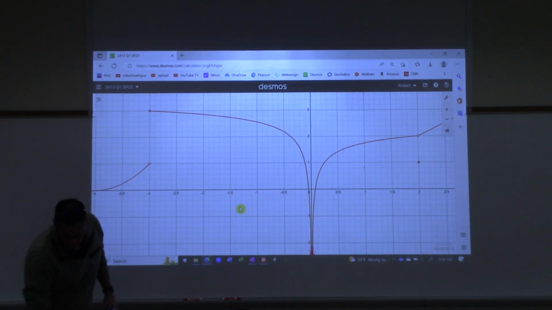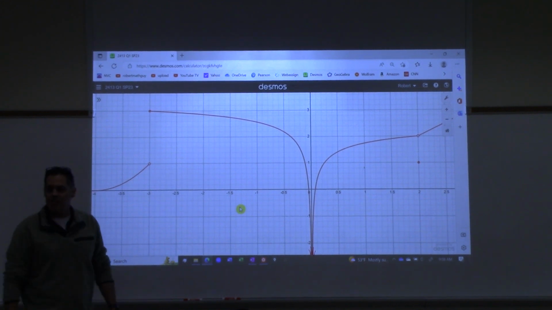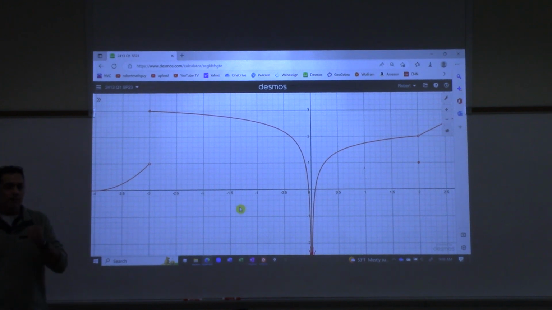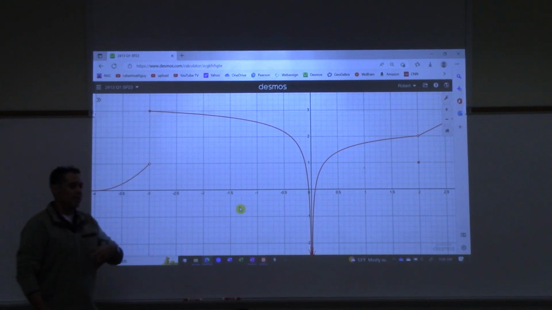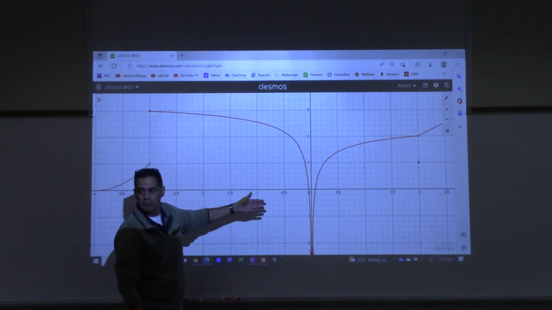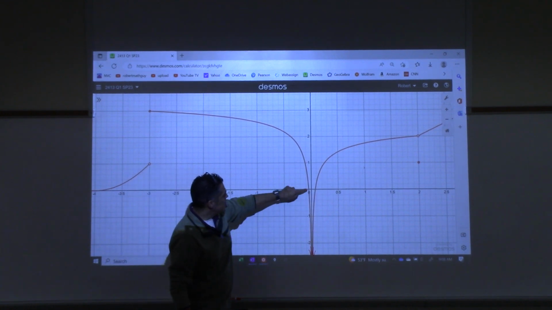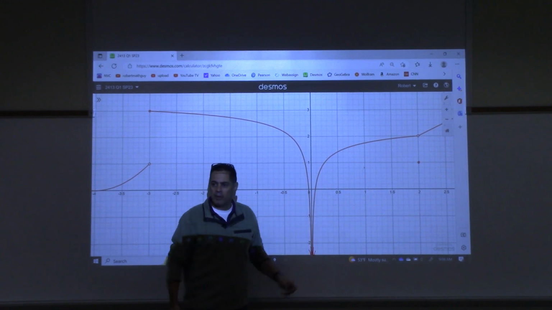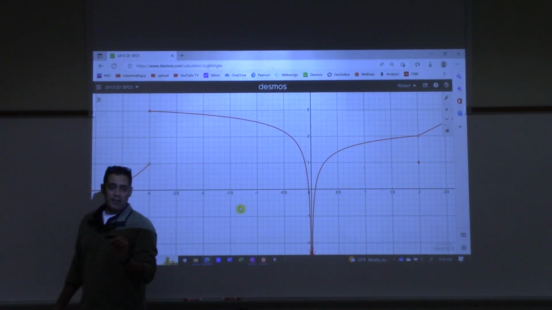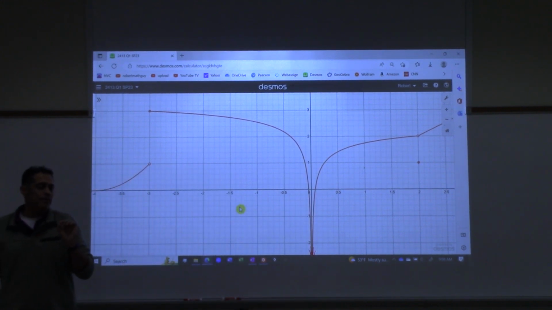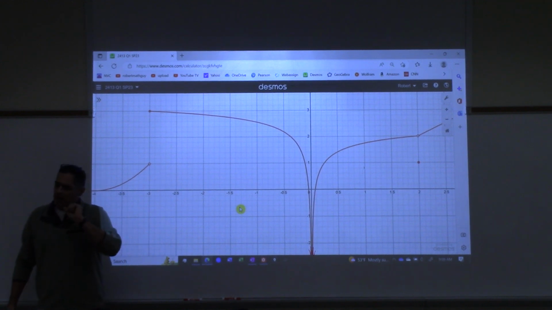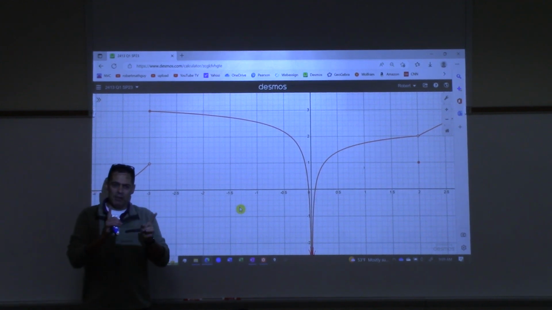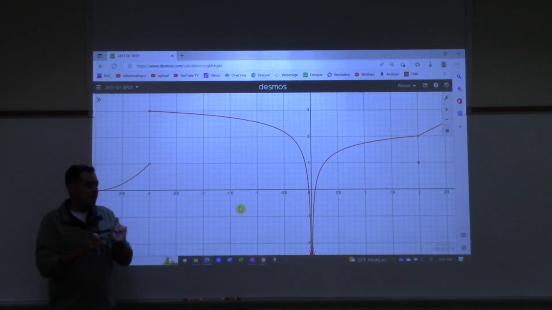Let's see. The next one was, what is f of 0? So what is the value of the function at 0? That's an algebra question. Do you see a dot? Go to 0. Do you see a dot anywhere? Okay, so we say undefined. The word undefined and the phrase does not exist are going to be considered two different things in this class.